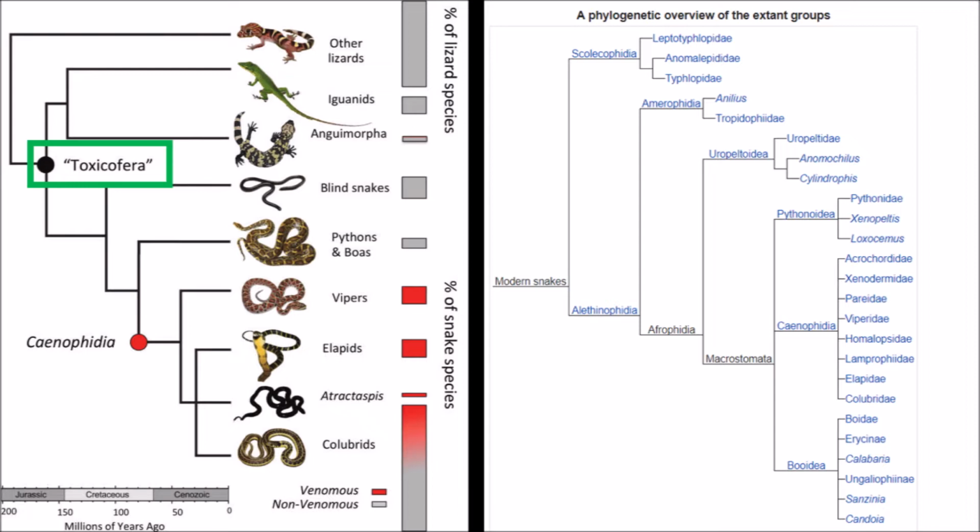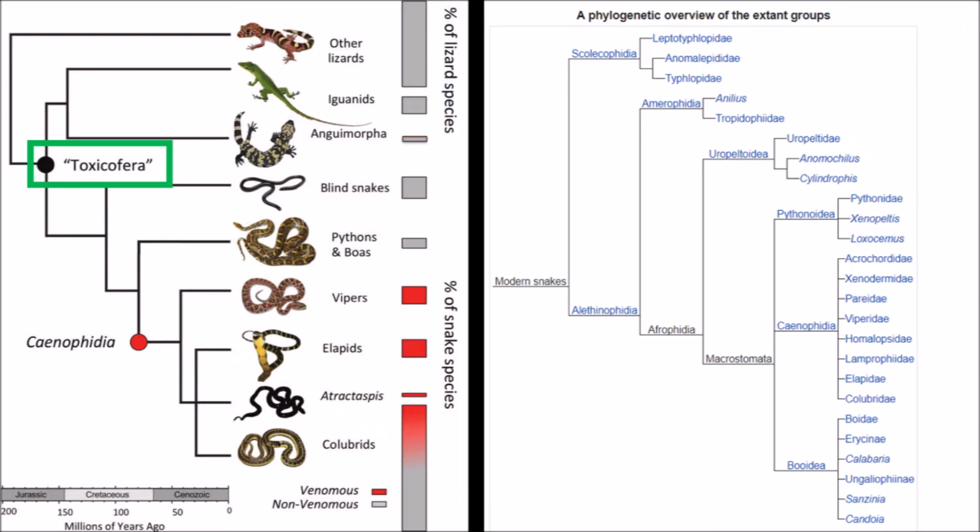Now, this is a relatively new discovery, and it's still a little bit hotly debated among scientists currently, but it shows the presence of a potential venom system and a certain protein that's produced in the oral glands of its inhabitants. While not all members are venomous, they do all produce this protein, and this includes some lizards as well.